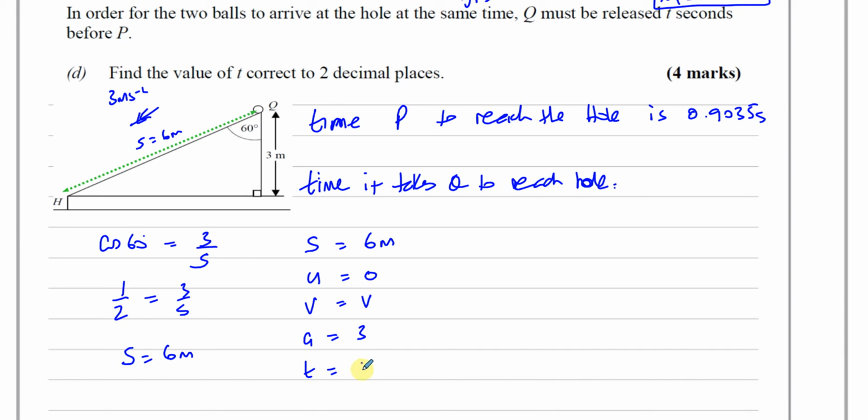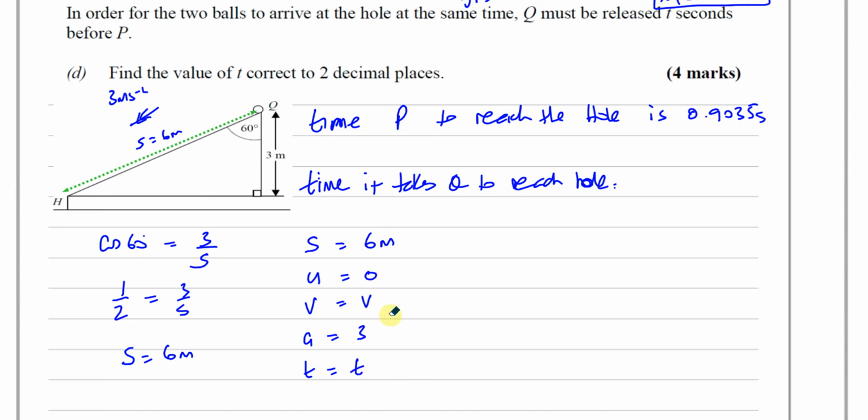Let me call the time TQ, because the T that we've been given here is different. This T is the time at which Q must be released.